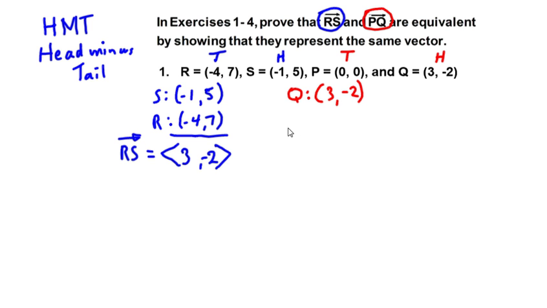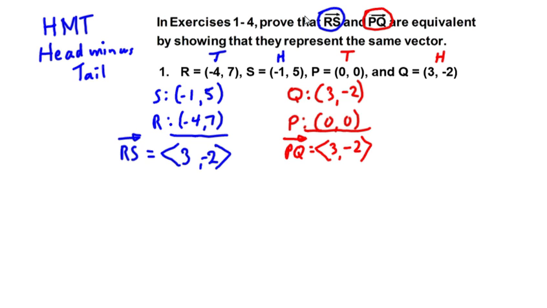And P is going to be our tail. We're going to subtract. It's going to be 0, 0. And so vector PQ is going to be equal to, angular brackets again, 3 minus 0 is 3, and -2 minus 0 is -2.